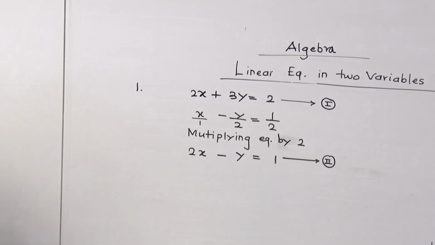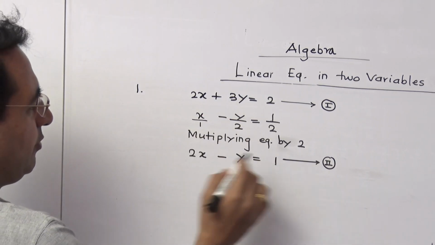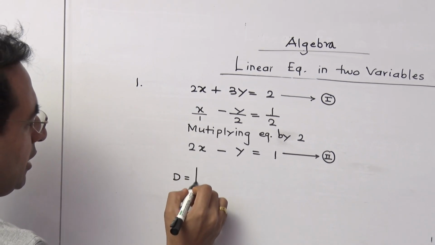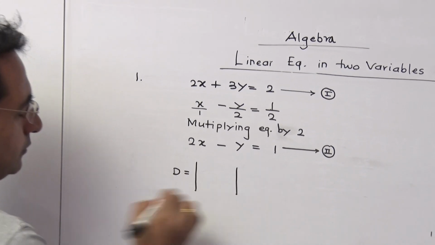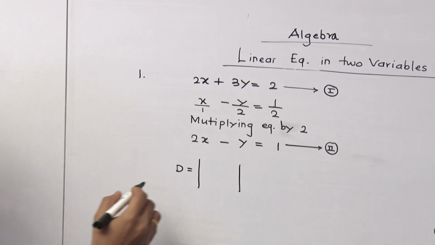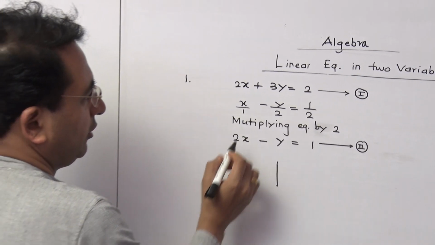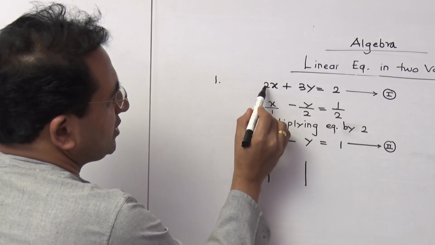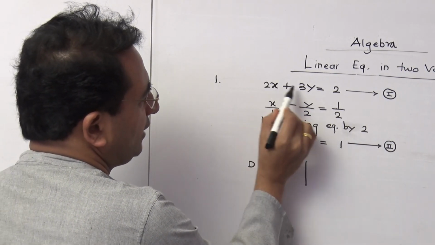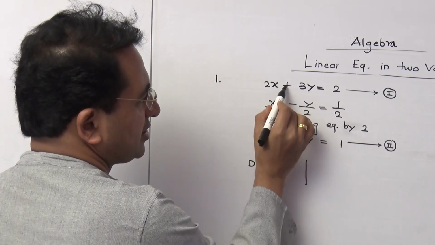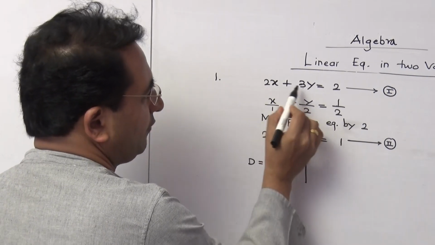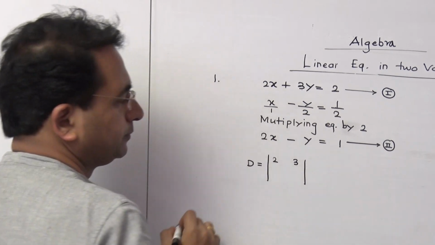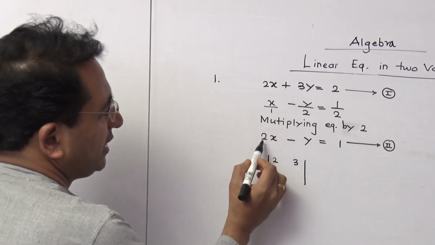Now solving this equation by Cramer's rule, first let me check it one by one. First we calculate this determinant D. When you write D, it is for the values of coefficients of x and y. So you see this, it is standard form, 2 and 3 along with the sign. Plus sign we don't write. If it is minus, then we have to include it. So I am writing 2 and 3. Then we are writing the next one.